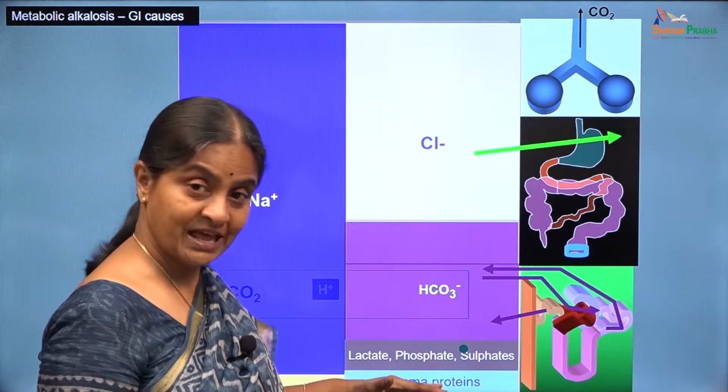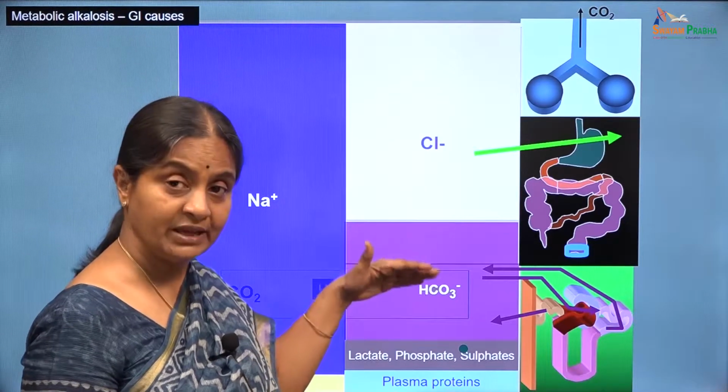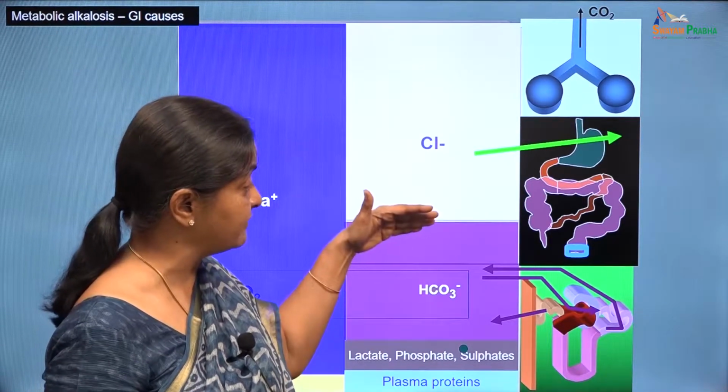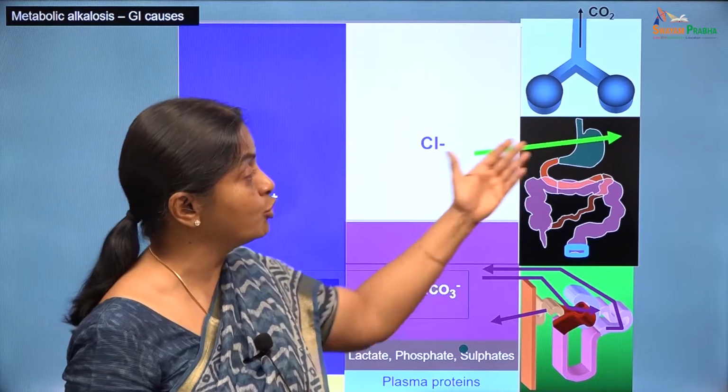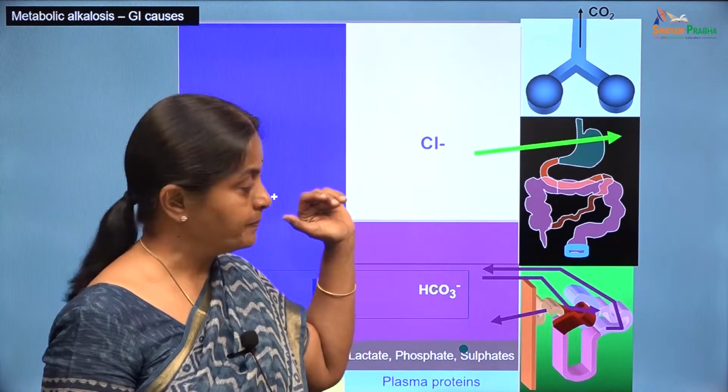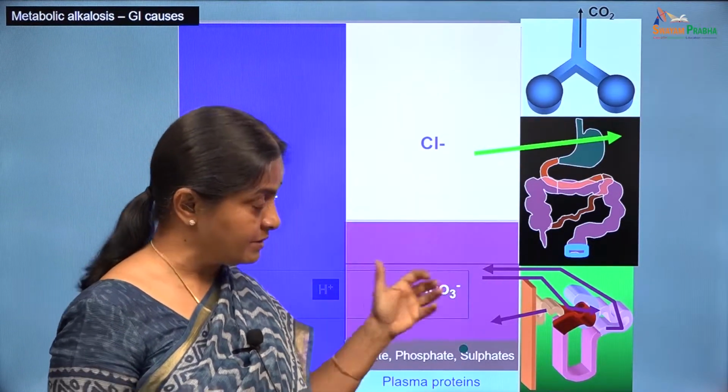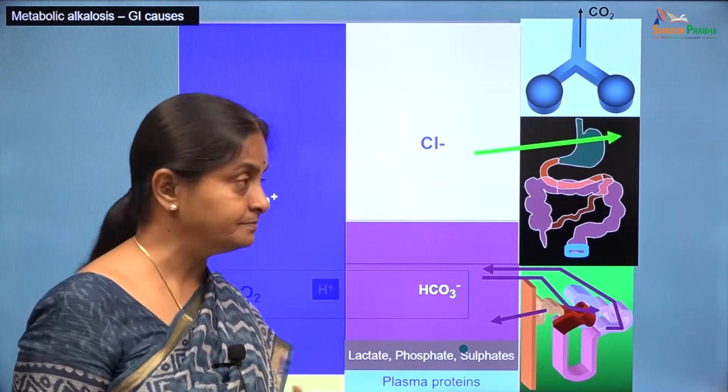These are not regulatable anions. Bicarbonate is the one which can be quickly regulated, and therefore bicarbonate levels will go up in hypochloremic states. Of course, that bicarbonate has to come from the kidney.